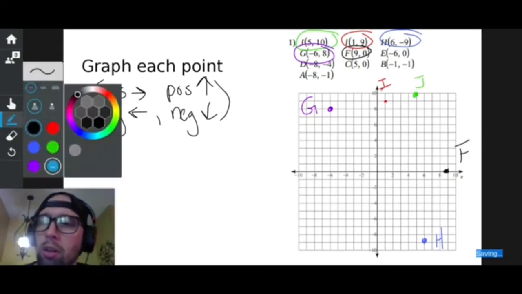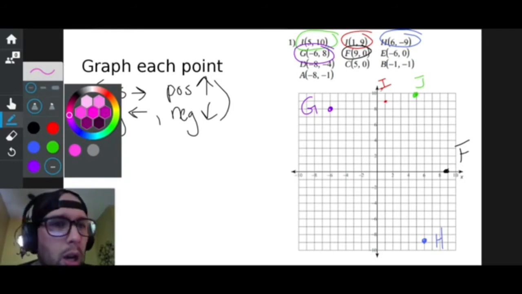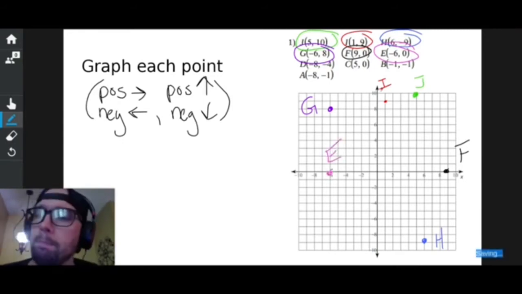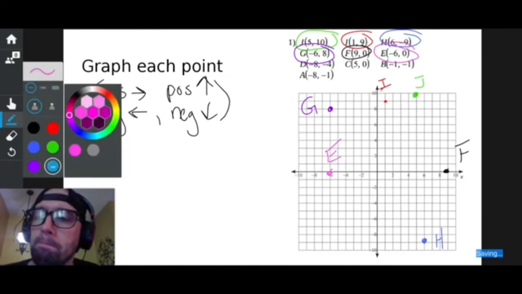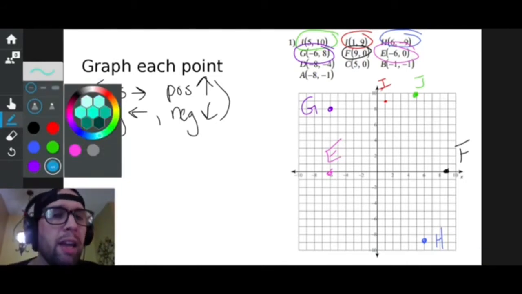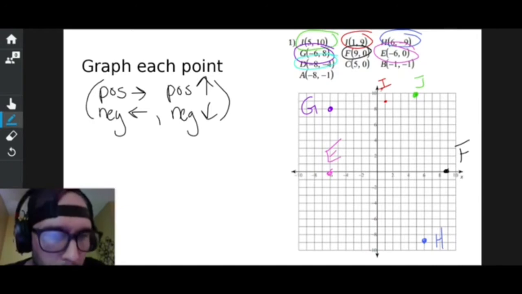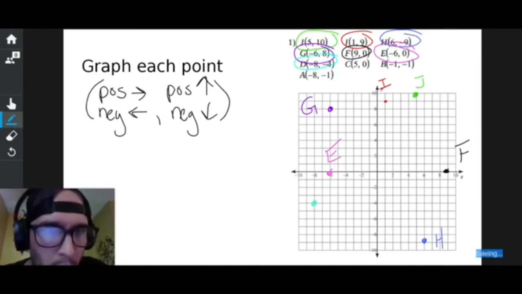Let's see what other colors we can get. How about a nice pink? E is negative 6, 0, which means we go left 6, don't move up or down, call it E. Nice light blue, nice cyan. D is negative 8 and negative 4. So let's go left 8, down 4.